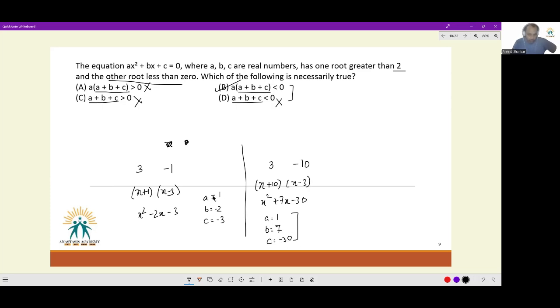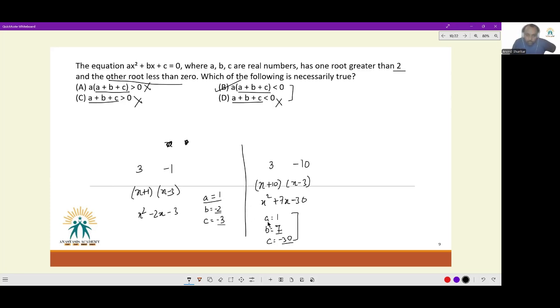The nature of the roots is that one root is positive, the other root is negative. The sum of the roots can be positive or negative, that we have seen. The product of roots has to be negative because one root is positive, another root is negative.